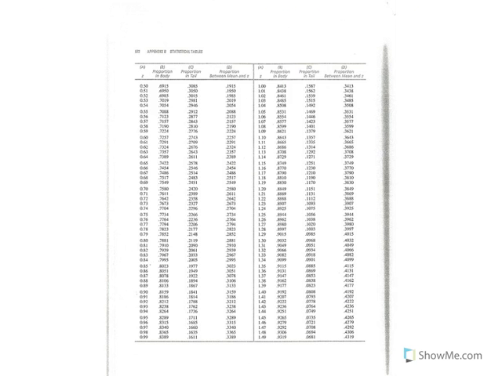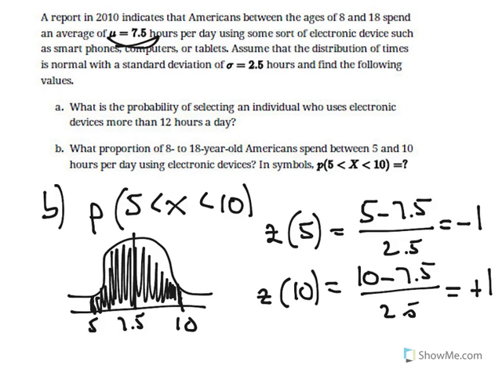Now we have to look up the z-score of 1, and it doesn't matter, remember, if it's positive or negative, we just have to get the z-score for 1, which is the first one up here. The z-score of 1 is right here, right? And now we are looking for the proportion between the mean and z.